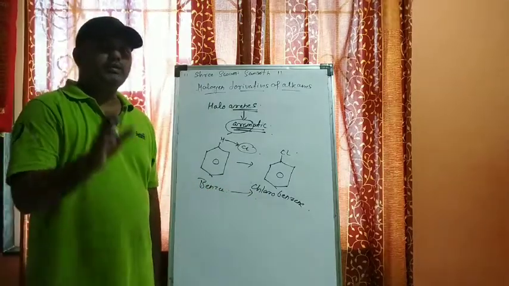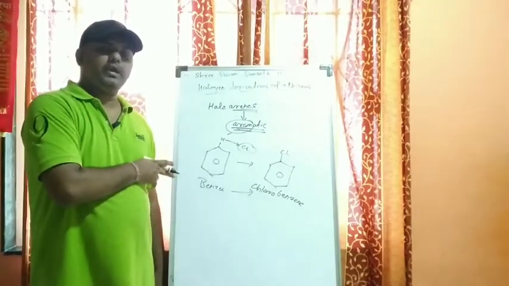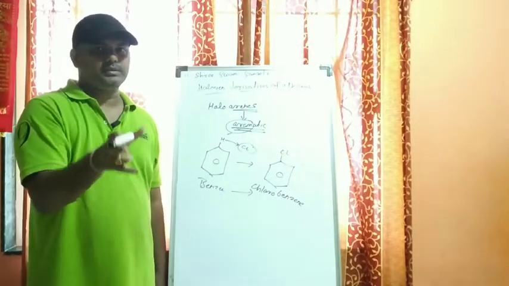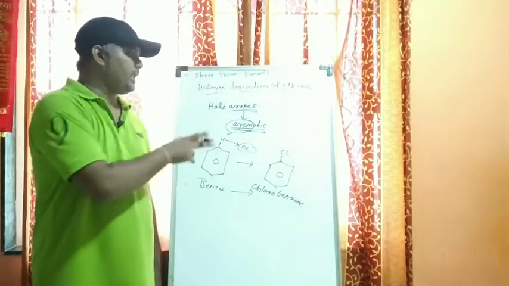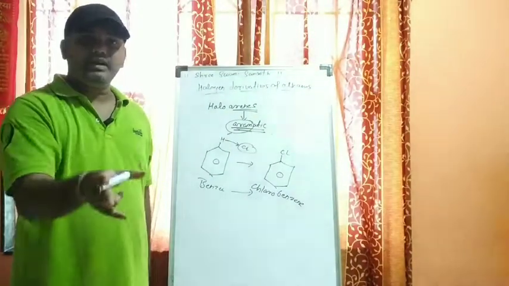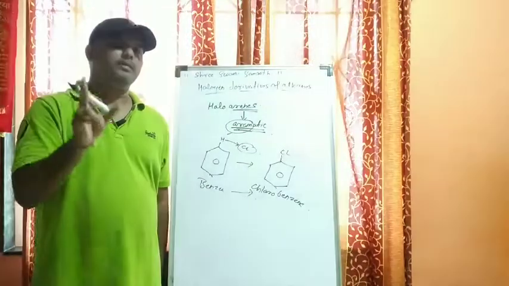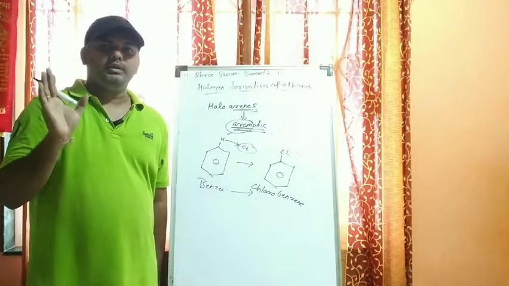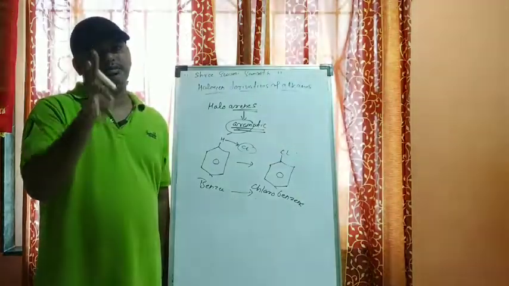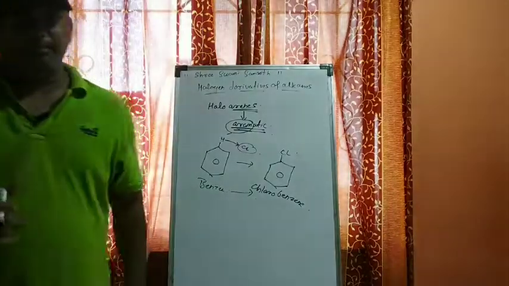Are you understanding, my dear students, what I am trying to tell you? We can prepare the halogen derivatives from the hydrocarbons, that is from alkanes as well as from aromatic compounds. So they are nothing but the derivatives of the hydrocarbons. This is the very basic of this chapter. Then in the next class we will go for the classification of the halogen derivatives. So it is enough for today. We will meet afterwards.